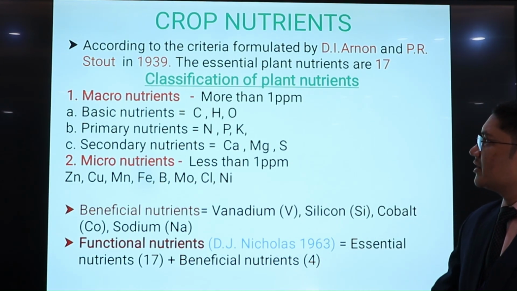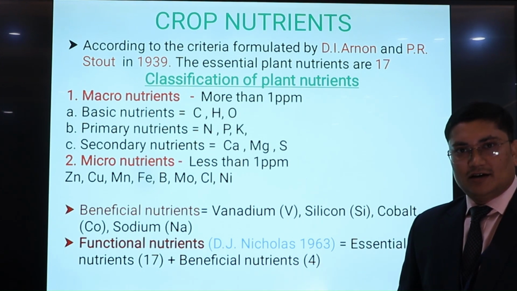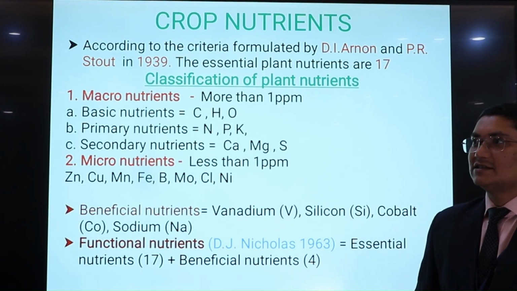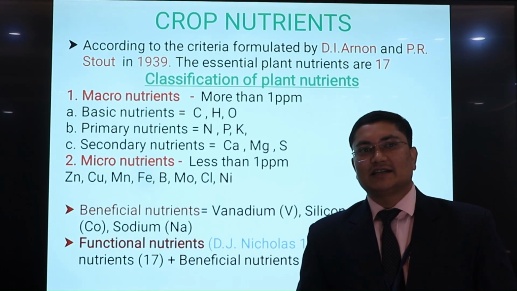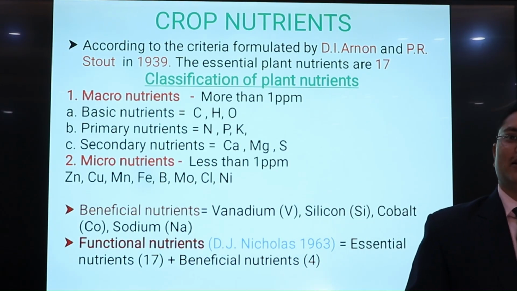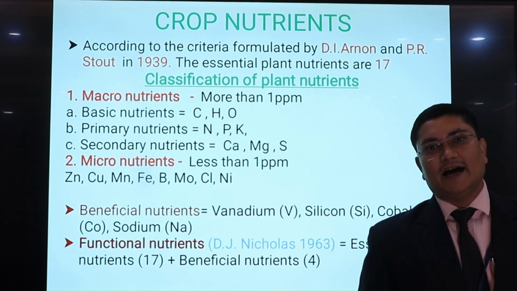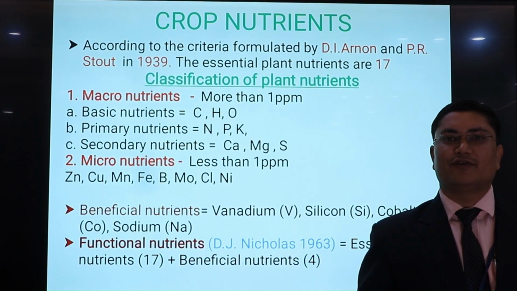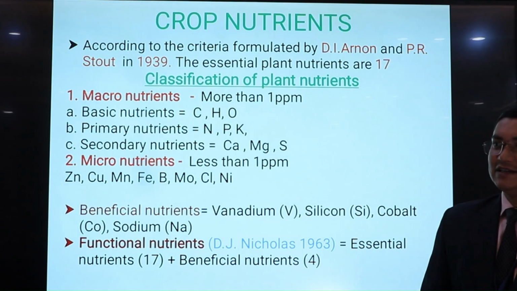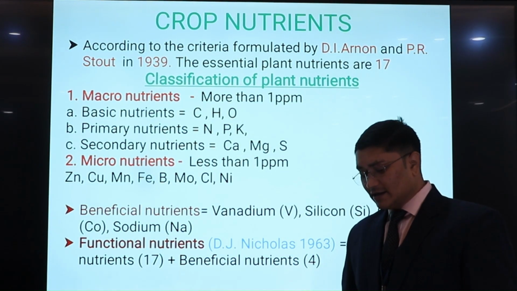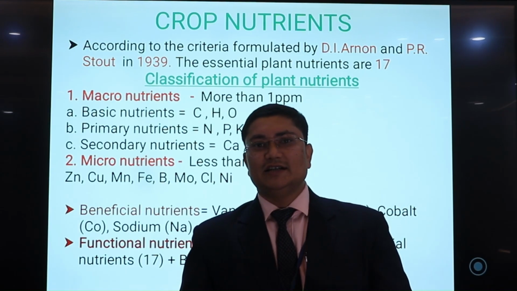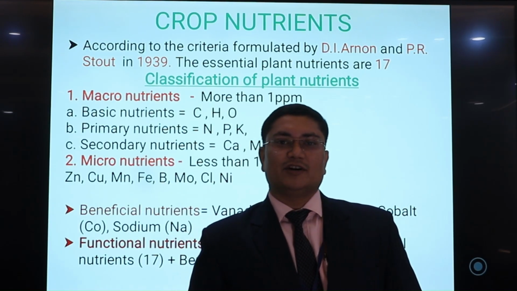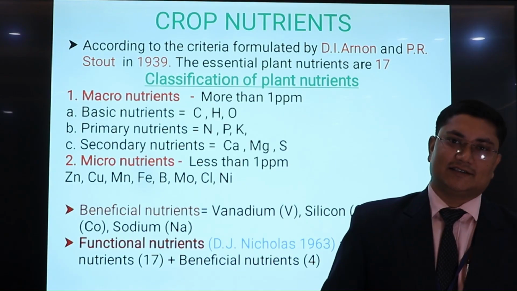And then the second one, primary nutrients. We have discussed the basic nutrients: carbon, hydrogen and oxygen, which are generally present in nature, and plants take them naturally in a very simple way. Then come the primary nutrients, and there are three major ones: nitrogen, phosphorus and potash.